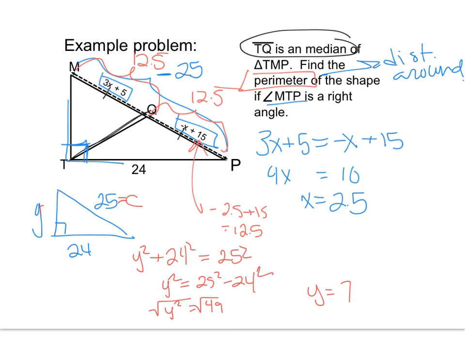So this guy is 7. So now I can go ahead and find the perimeter. My perimeter is going to be 24 plus 25 plus 7. So let's see, that's 50 minus 1, it'd be 49. Is that right? Yeah. 49 plus 7. That's kind of weird. And so that's going to give me 56 as my perimeter.